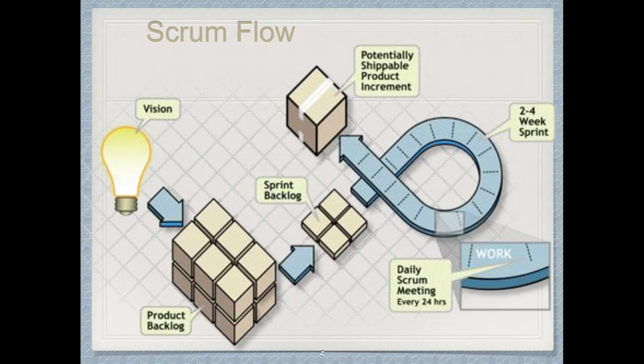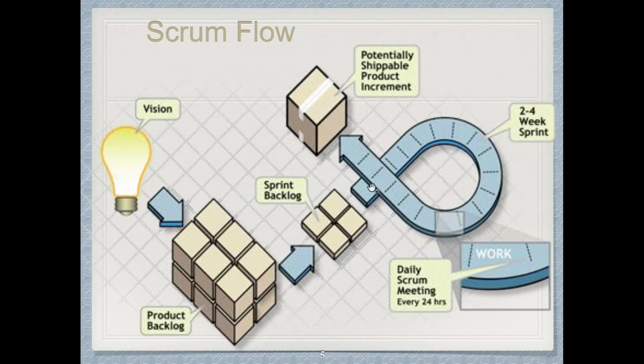We have seen this last week, and this is to say a project starts with someone with a vision, and then we build a product backlog, and we go through 2 to 4 week sprints. Each sprint we would use a sprint backlog, and this sprint backlog is created by taking the valuable PBIs or user stories from the product backlog.